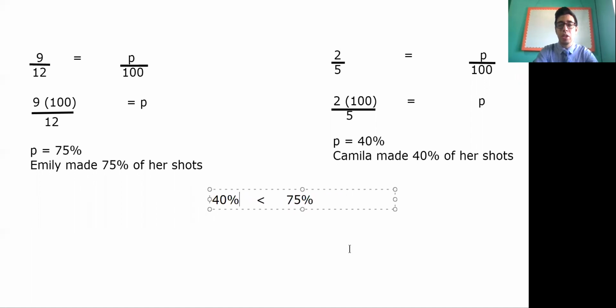So she has a 40% that is less than the 75% Emily made of her shots. So until this part, I think that this exercise is clear. The procedure is the same like the other examples, only that they ask you for one answer. You complete the answer depending on the percent.